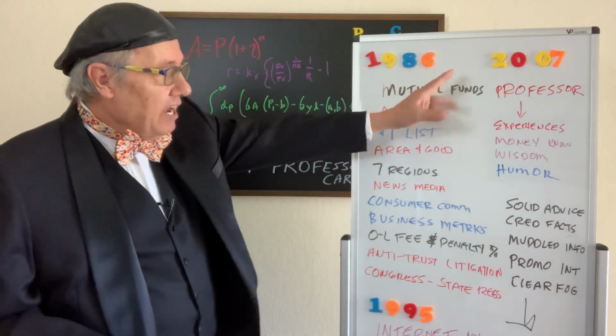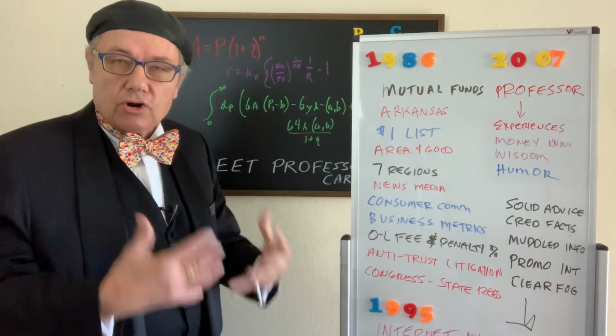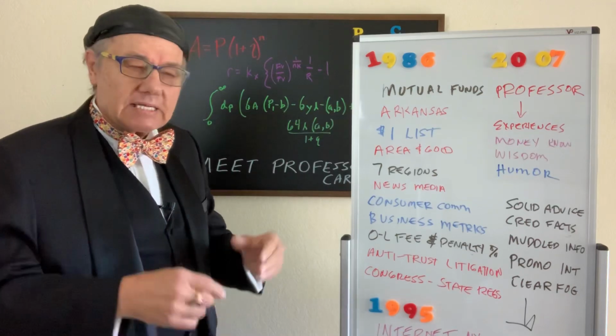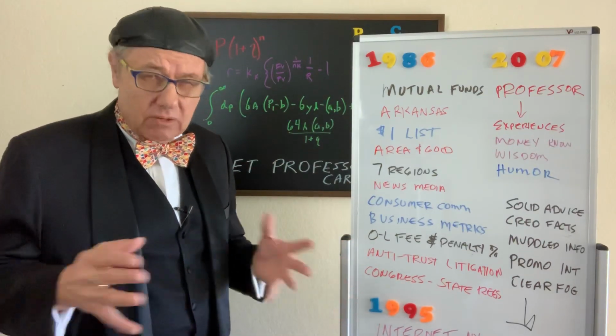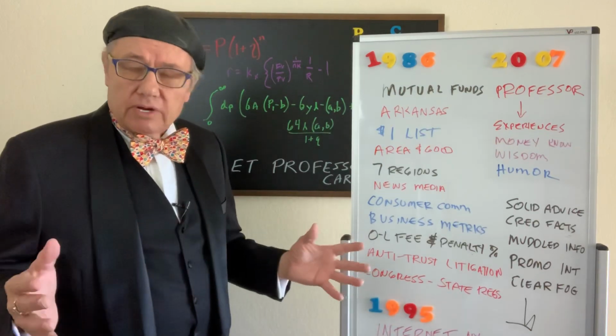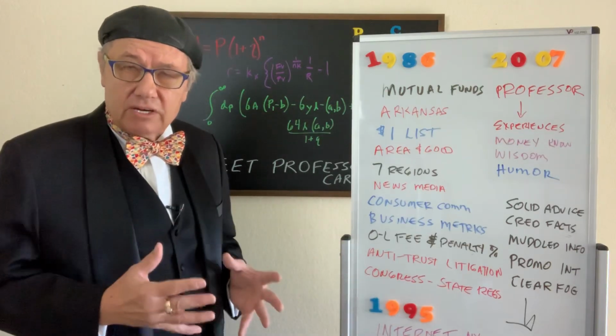Well, anyway, fast forward up here to 2007. That's actually when Professor CardWorthy was born, the character. We did a series of shows. There are about 50 of them. They're on YouTube under CardWorthy, and you can go there and watch them. There are about 50 different areas of credit cards.